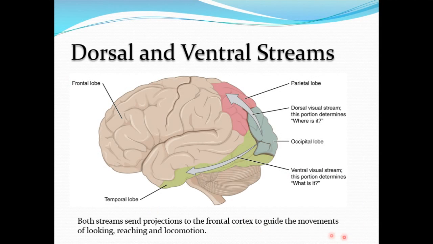Now we have dorsal and ventral visual streams. You'll read about this in Kolb and Whishaw, but just to summarize it, visual information first goes to the occipital lobe. We know that, most visual information. It then gets processed further, so it goes to association areas. There are two different routes where it can go. It can either come down here, the ventral visual stream, where, look where it comes to, the inferior temporal lobe.